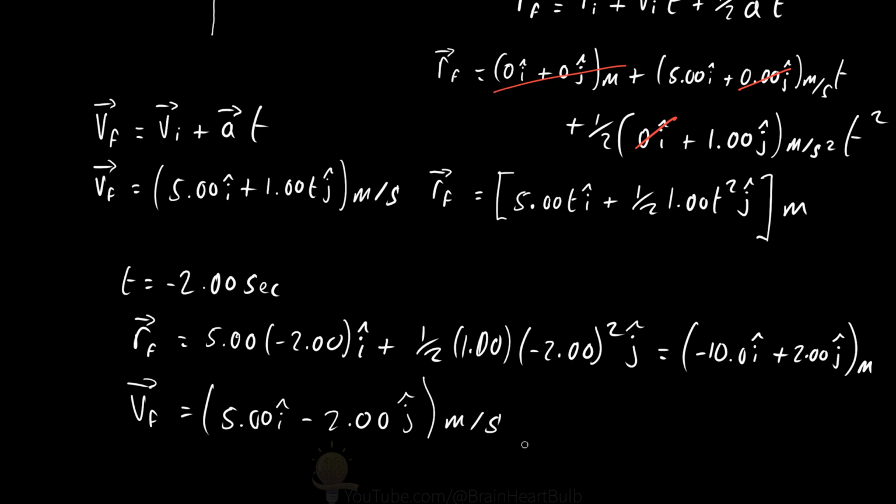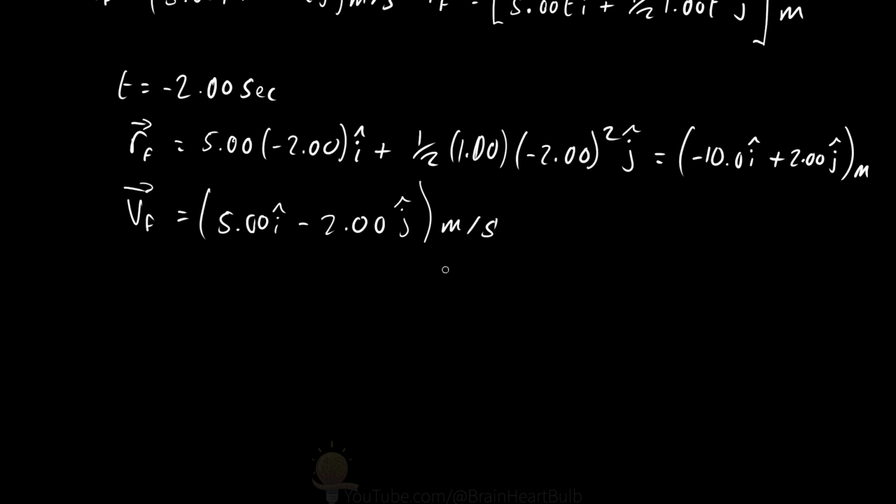And to find out its speed, we can use the Pythagorean theorem to find the magnitude of the velocity. From the velocity at minus 2 seconds, we know that the particle is moving in the x direction at 5 meters per second, but also moving in the negative y direction at 2 meters per second.